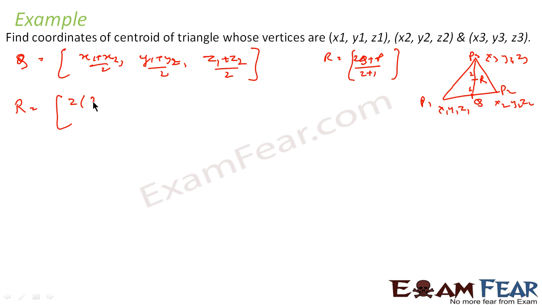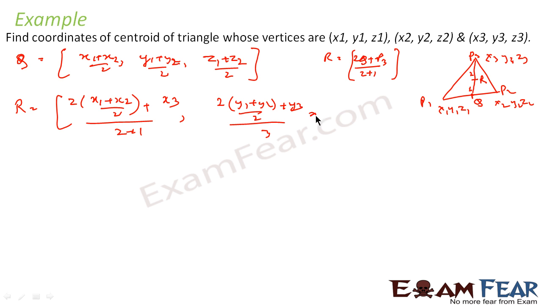That is 2 into (x1 plus x2) by 2 plus P3, that is x3, by 2 plus 1. Similarly, this will be 2 into (y1 plus y2) by 2 plus y3 by 3, comma 2 into (z1 plus z2) by 2 plus z3 by 3.